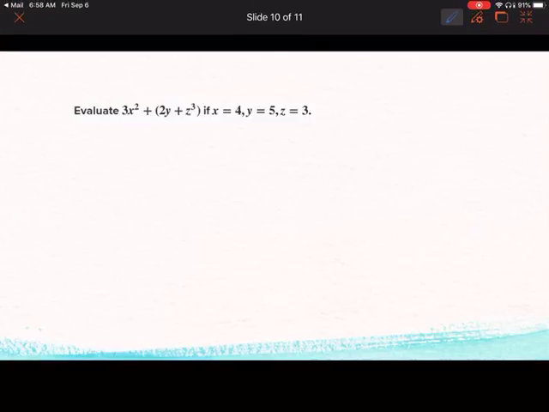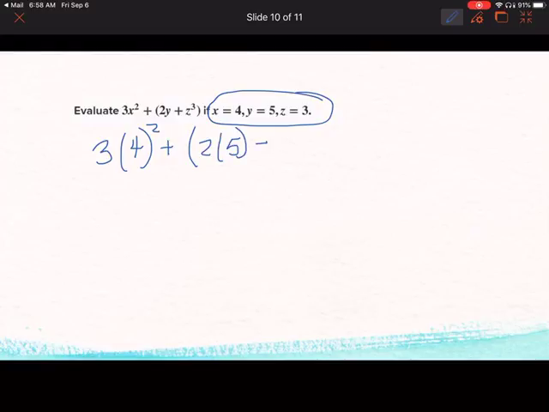So we're going to do the same thing here. I am literally just going to substitute these numbers for the variable and then solve. So I have 3 times x is 4, so 4 squared, plus 2 times 5 plus 3 to the third. So I'm going to do what's in the parentheses, and I'm going to start with exponents.